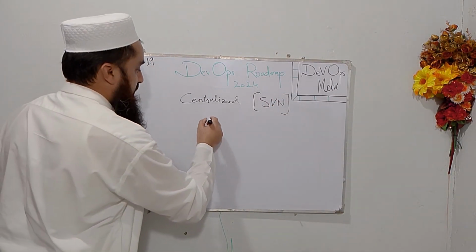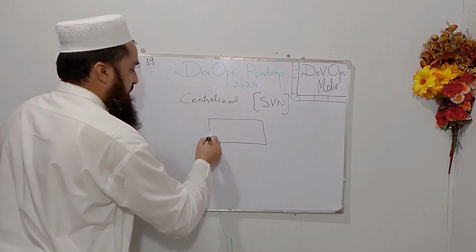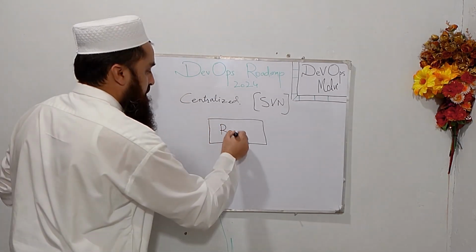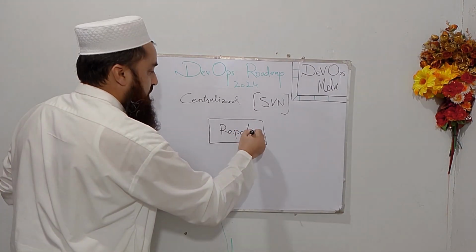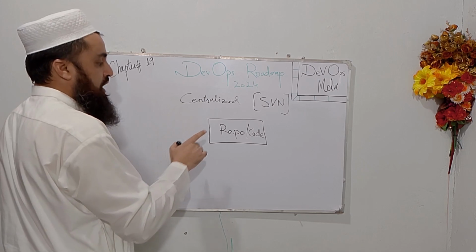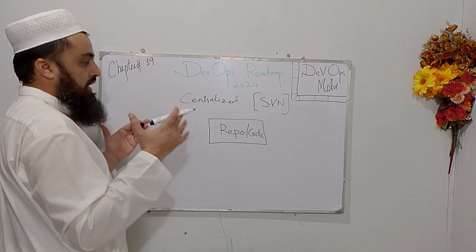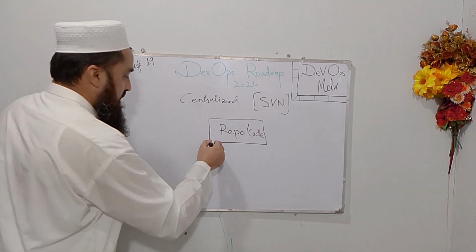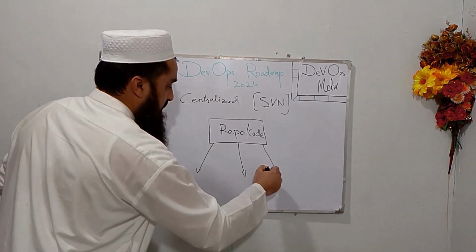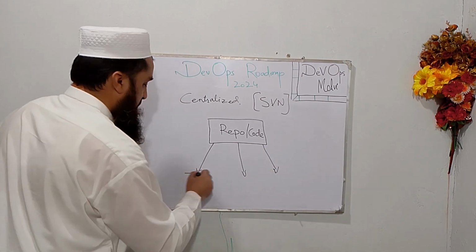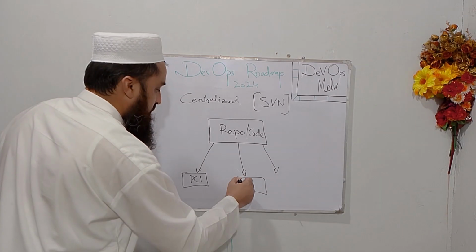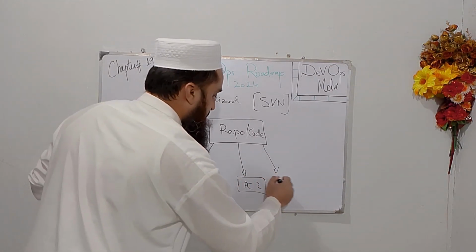In centralized version control, we have only one copy of the code, and this is, for instance, my repo, my code, and I have only one copy of that code on a single server, and multiple developers are working on that code from their computers. This is PC1, this is PC2, and this is PC3.